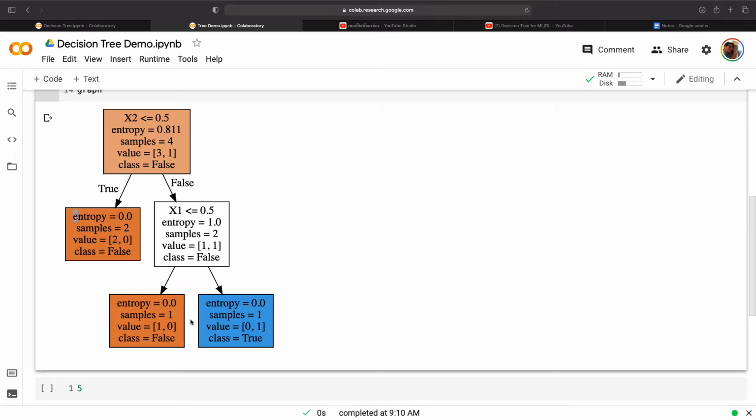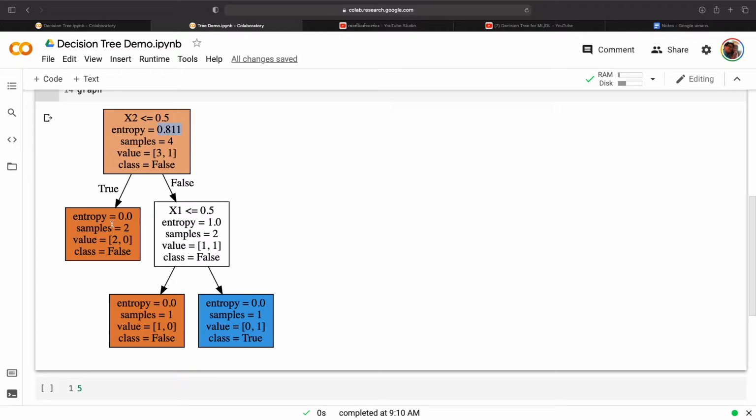Okay, so it can find the gain of the attributes using a comparison of entropy. The entropy of the first node here is for 3 negative and 1 positive, right? And the entropy is like this, 0.811.